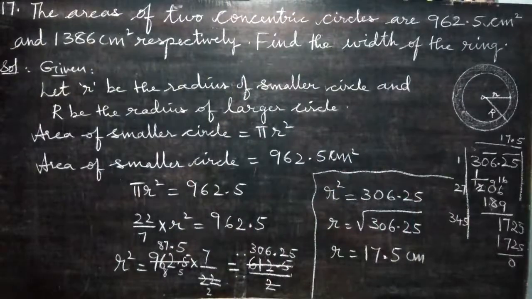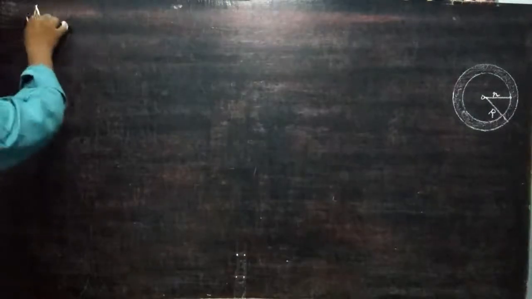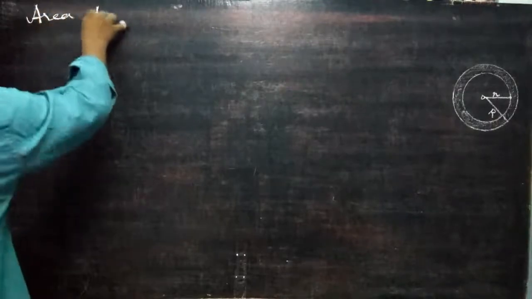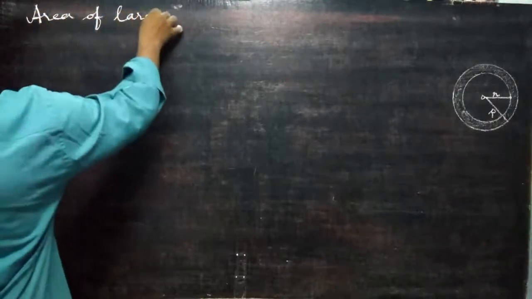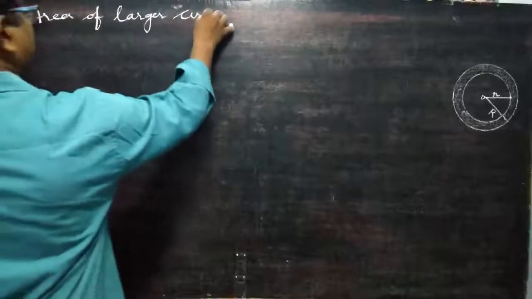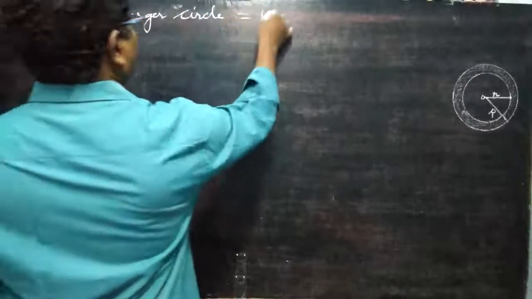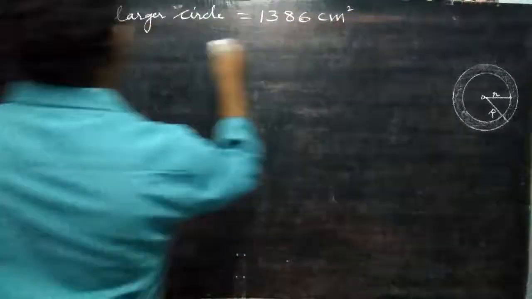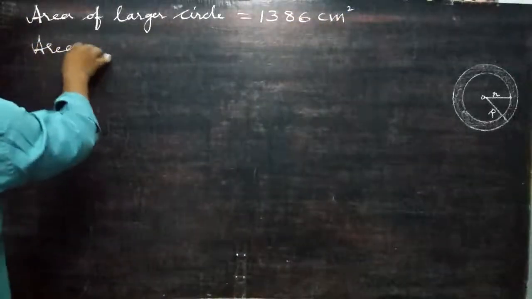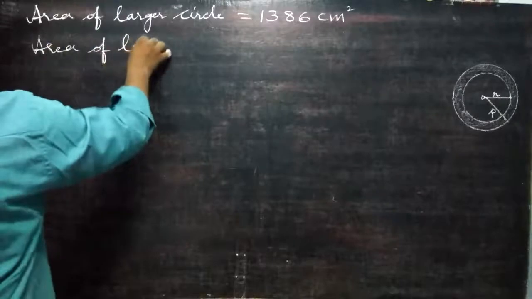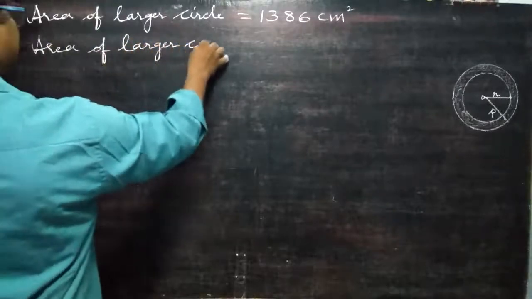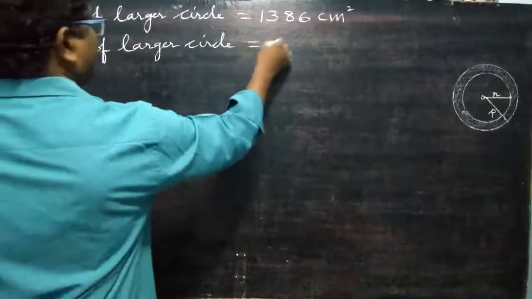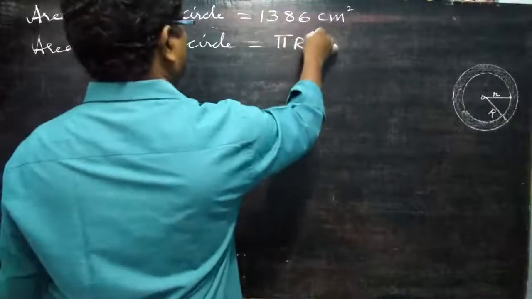Next we will find capital R. Now area of the larger circle. How much have they given? 1386 centimeters square. Area of the larger circle is equal to pi capital R square.